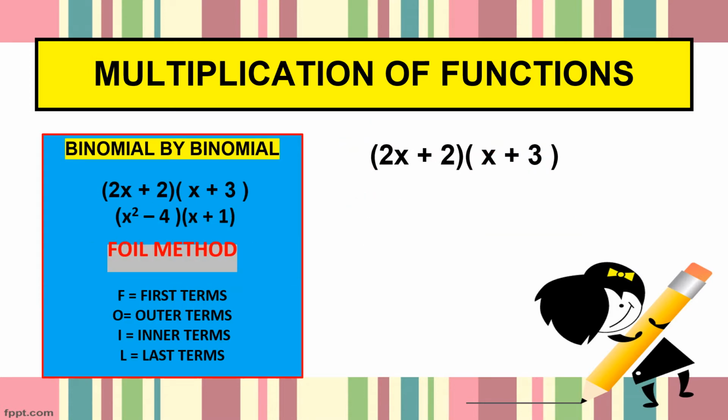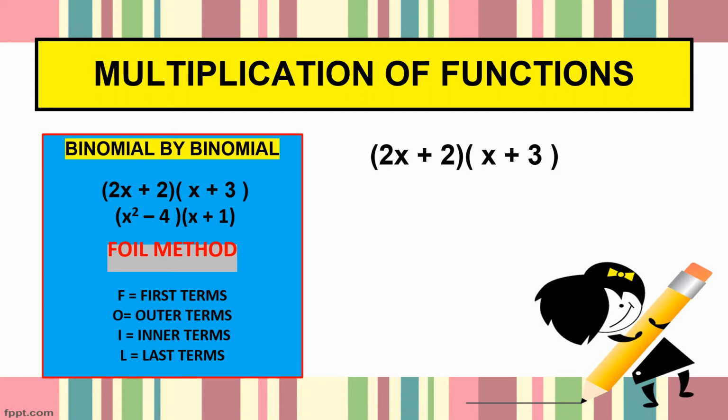Okay, so sometimes you are also asked to multiply binomial by binomial, meaning two terms with two terms. If you are given a problem like this, what you are going to use is the FOIL method.